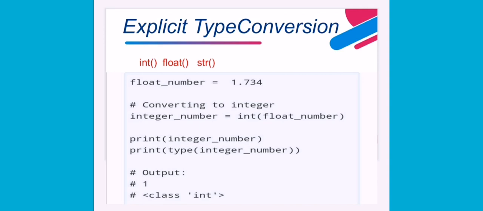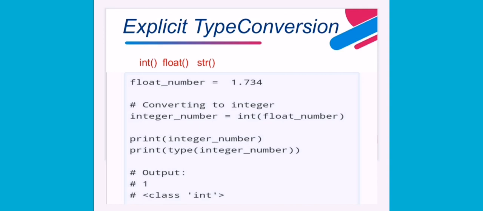In the second print line, I just want to check the type of the variable integer number. So I use the print statement with the type function, which we already discussed previously. In type I pass the variable integer number, and it gives the output class int. It clearly mentions the type, class int, meaning now integer number is an integer data type.